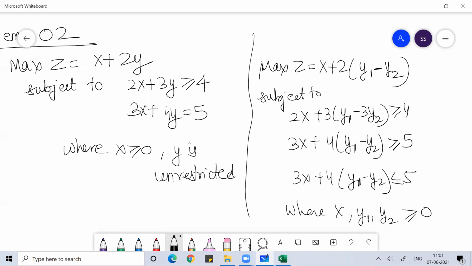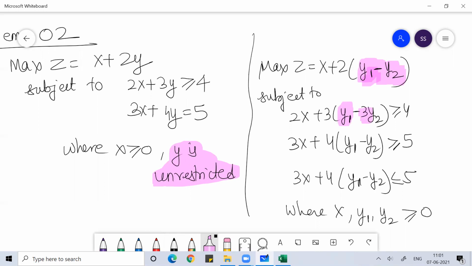Here your y is unrestricted. So what I did, in place of y, I said, okay, let y is y1 minus y2. That way I'm representing it.